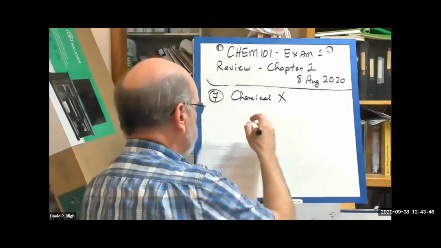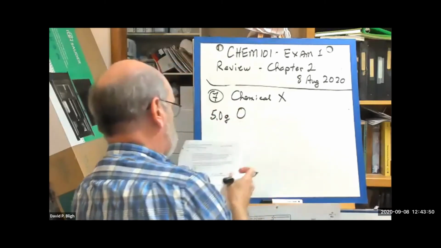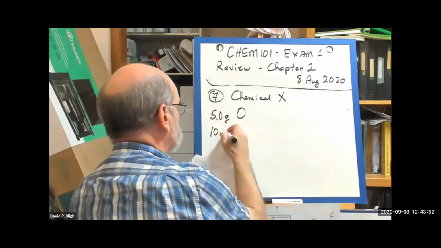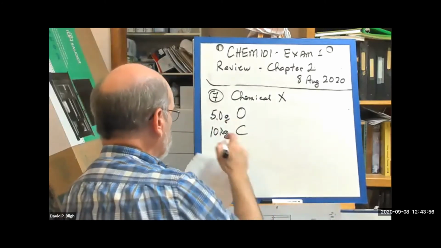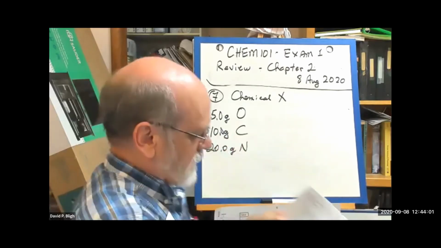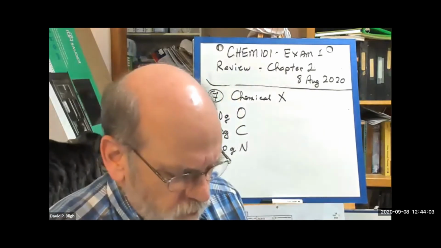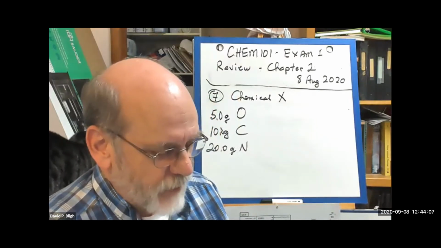It has 5 grams of oxygen, 10 grams of carbon, and 20 grams of nitrogen. The law of definite proportions would predict that a 70-gram sample of chemical X should contain how many grams of carbon?